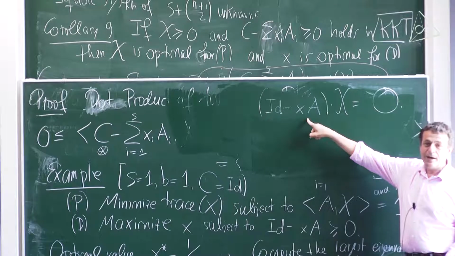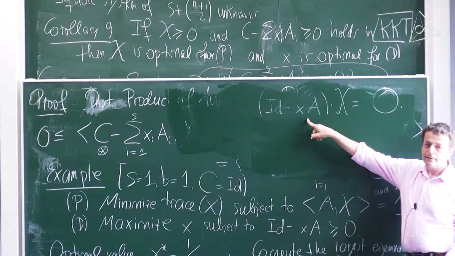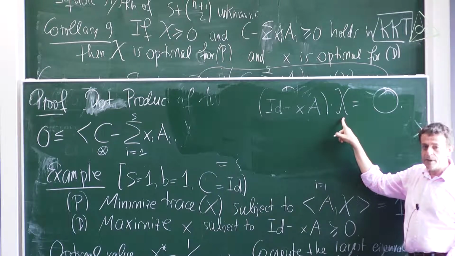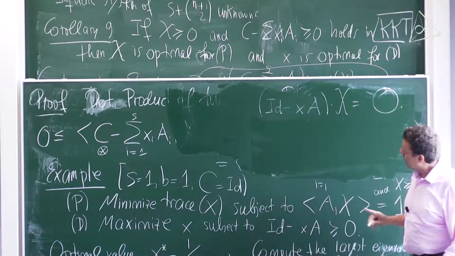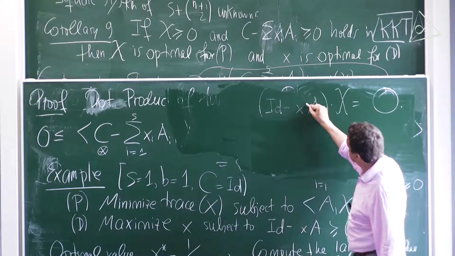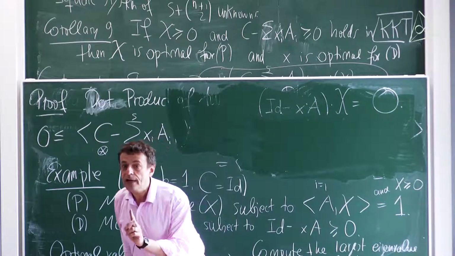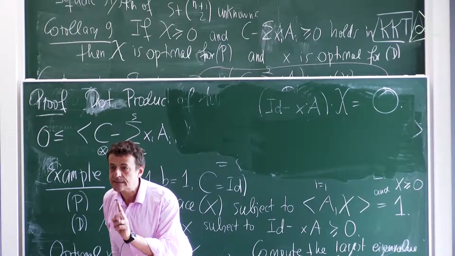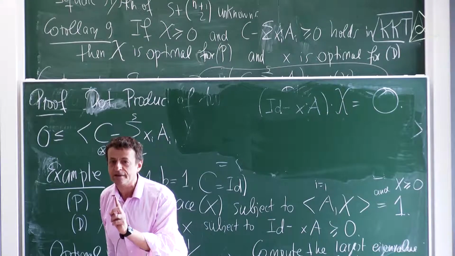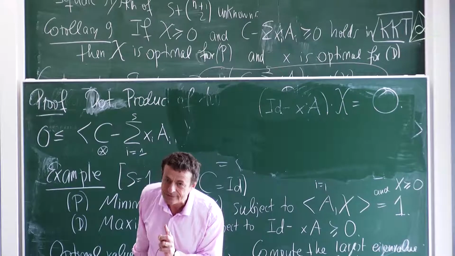So this n by n matrix times this n by n matrix is the zero matrix. Now, little x is an optimal solution. Let's say we have a solution to this. Do you see the eigenvector? Does everybody see the eigenvector? Spot the eigenvector. Paul, do you see the eigenvector?